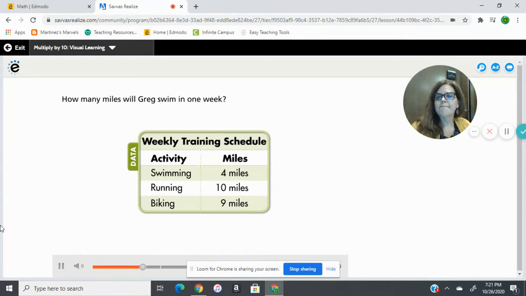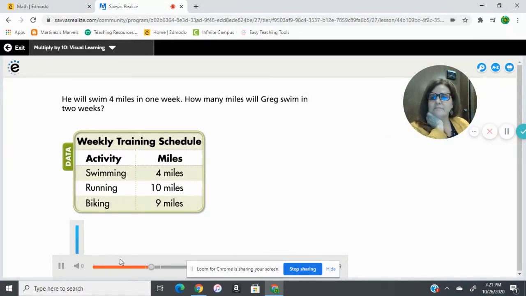How many miles will Greg swim in 1 week? Okay, so swimming. It says this is the weekly schedule. So swimming will be 4 miles for 1 week. He will swim 4 miles in 1 week.